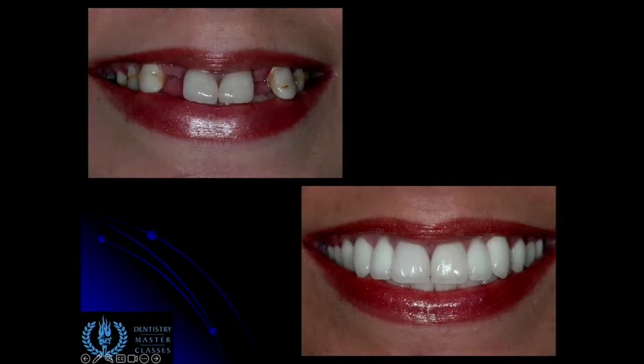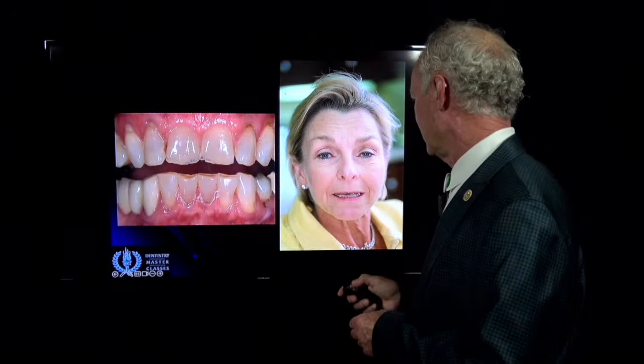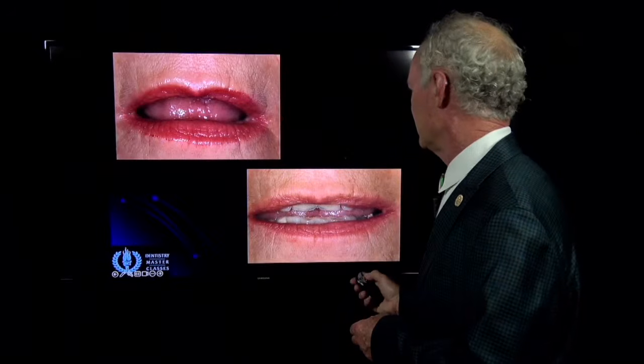I did this probably 15 years ago. She's still a patient in our practice. Everything's held up. Severe wear. So in a lot of these cases, I'll increase the vertical if they've worn a lot of tooth.